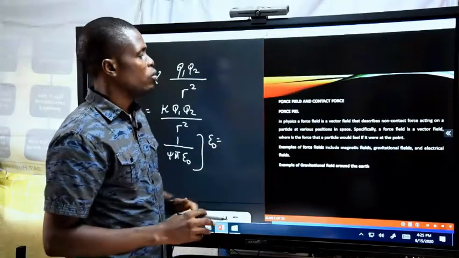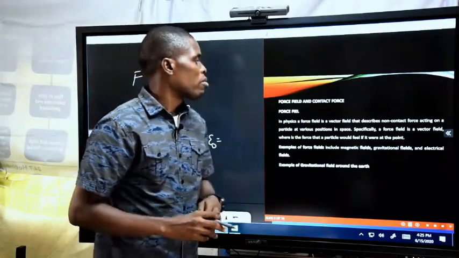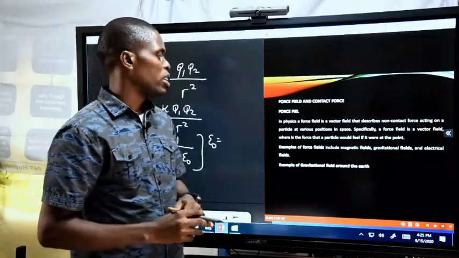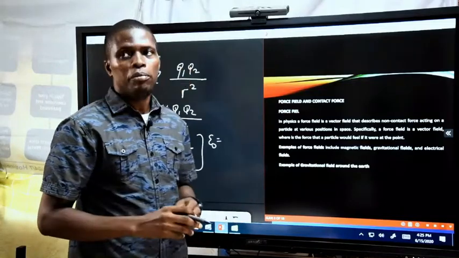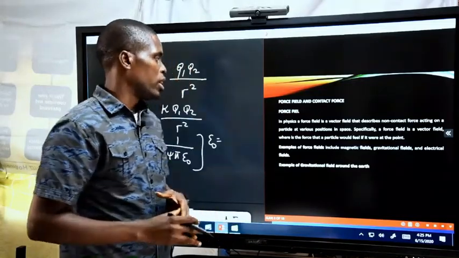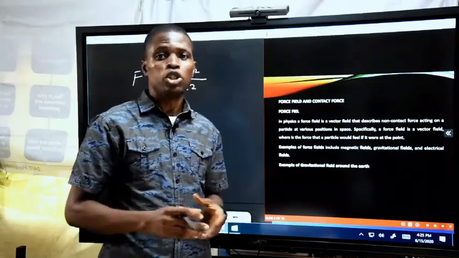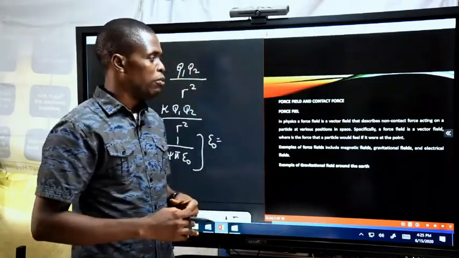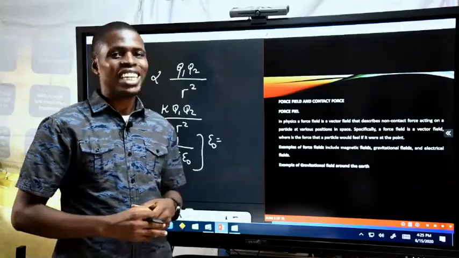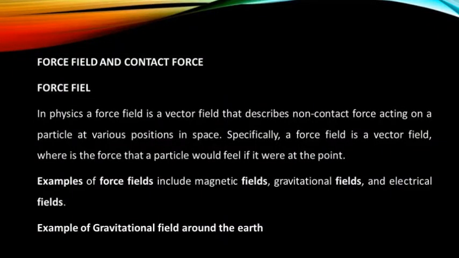But in this class, we'll be looking at the term force field, contact force, gravitational field, and their various concepts. In physics, a force field is a vector field and is a region of space under the influence of a certain force, talk about certain physical agents such as magnetic, electric, or gravitational.